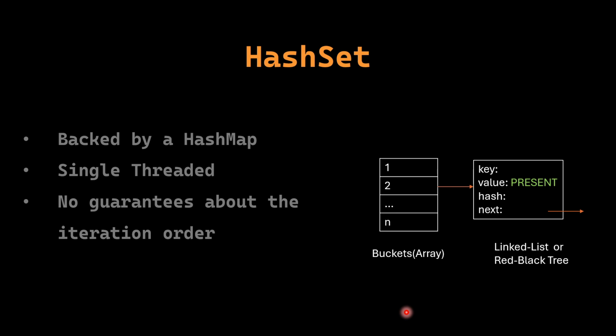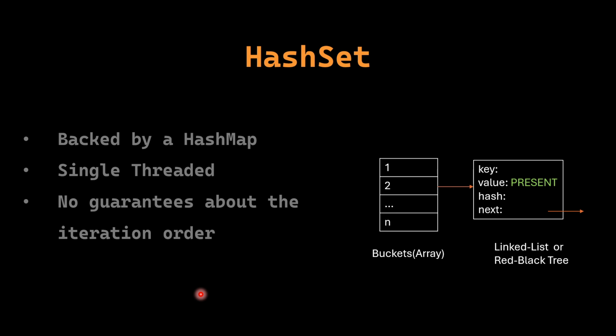Understanding HashSet's iteration characteristics is important. HashSet makes no guarantee about the iteration order of its elements. While you might notice that elements often appear in a consistent order during development, this order is implementation dependent and can change between Java versions or even between different runs of the same program.